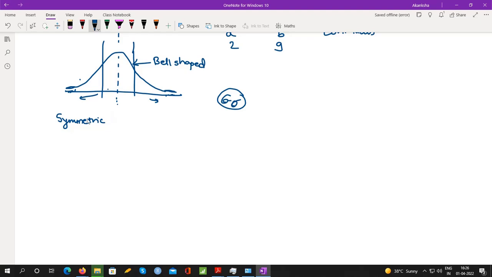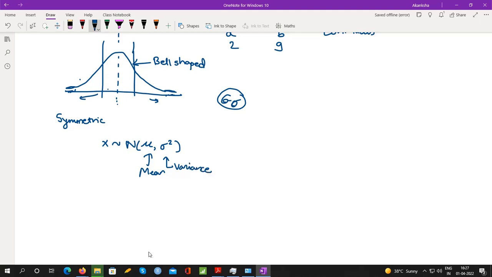There are some more interesting properties of the normal distribution, but before that let me introduce notations first. We say that a random variable x follows, so this symbol is follows, a normal distribution with mean mu and variance sigma square. This sigma square is called the variance.